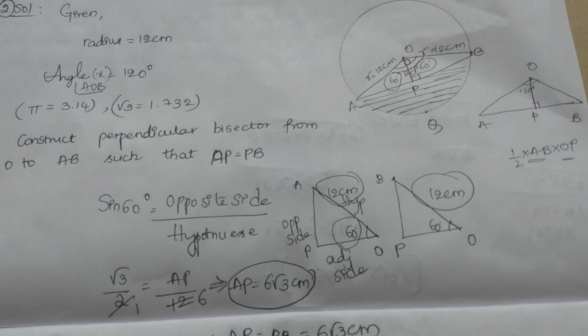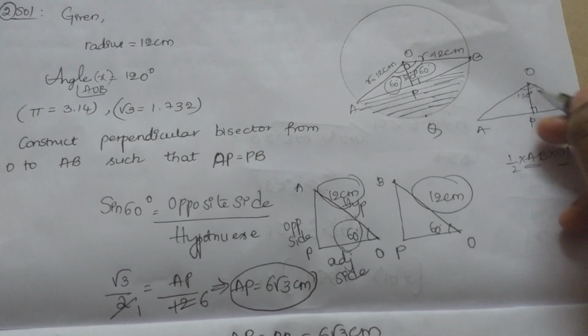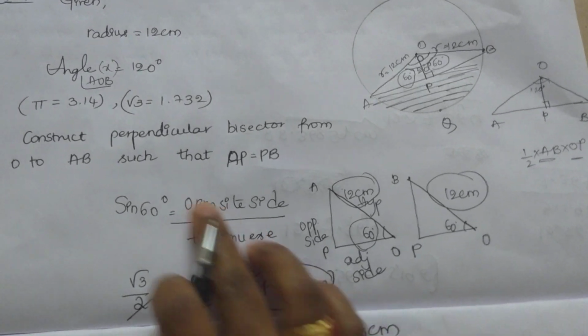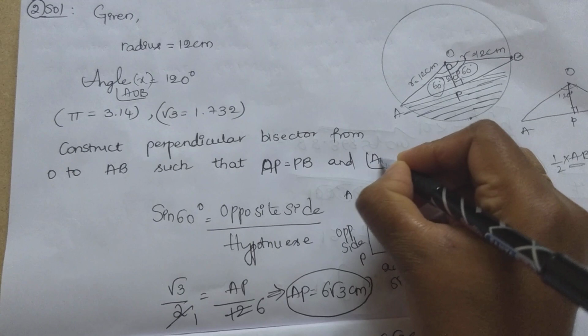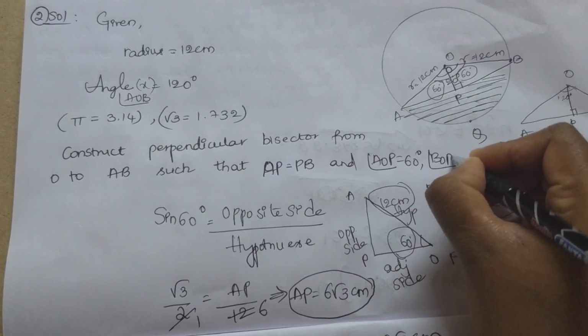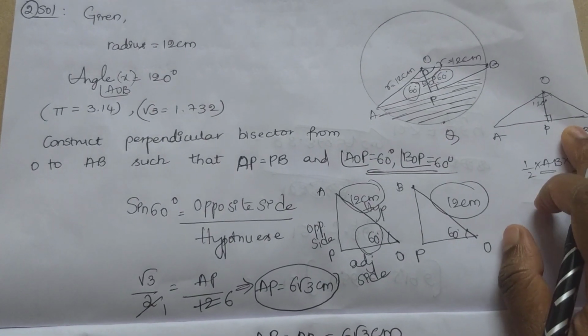Okay, so angle AOP becomes 60 degrees and angle BOP becomes 60 degrees. So write the same thing: angle AOP equals 60 and angle BOP equals 60 degrees.